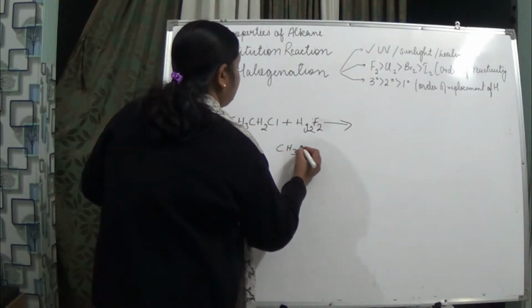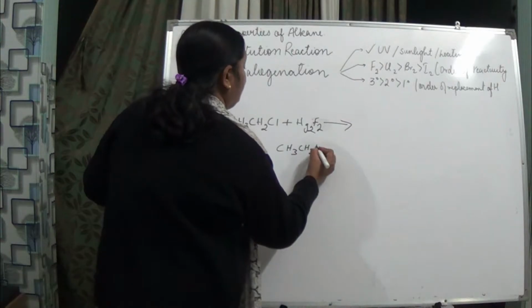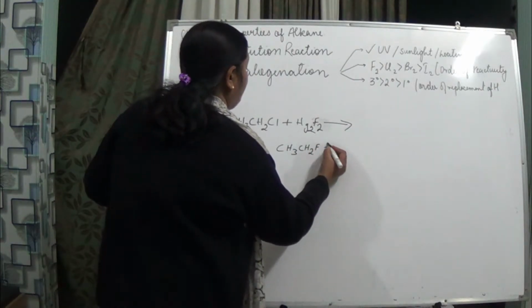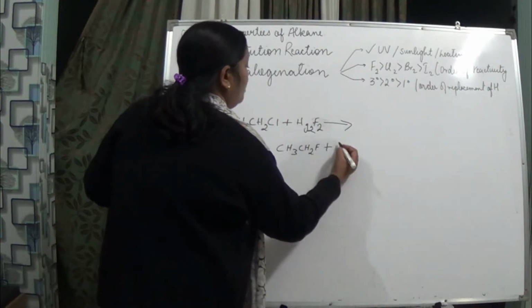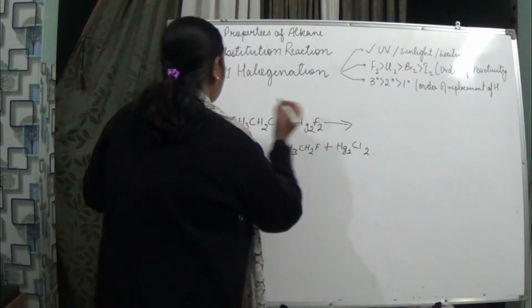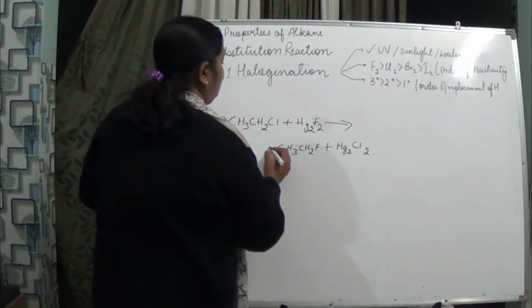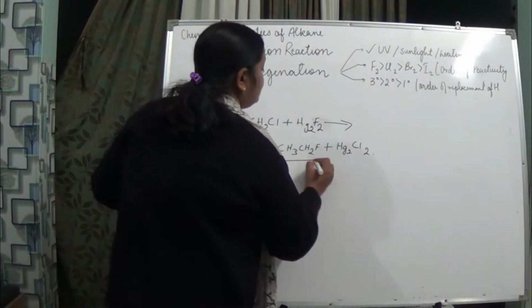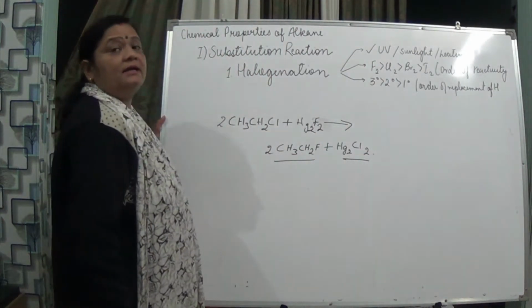CH3CH2F, plus we will be getting Hg2Cl2. Balance the equation, and this is how the fluorination reaction can take place.